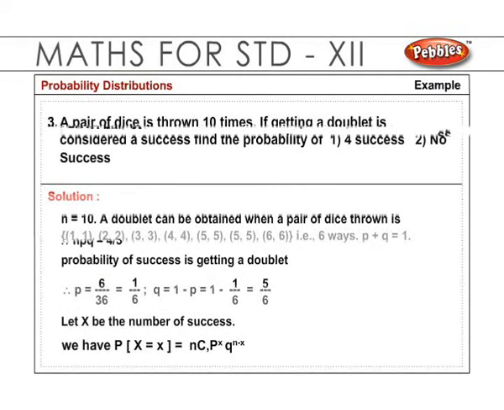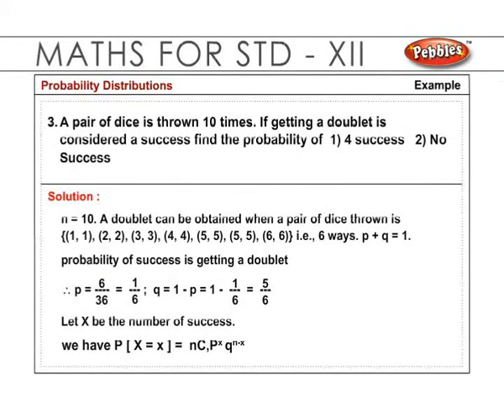A doublet can be obtained when a pair of dice is thrown as 1, 1, 2, 2, 3, 3, 4, 4, 5, 5, 6, 6, that is 6 ways. P plus q is equal to 1. P is equal to 6 by 36 is equal to 1 by 6. Q is equal to 1 minus P is equal to 1 minus 1 by 6 is equal to 5 by 6. Let x be the number of successes.